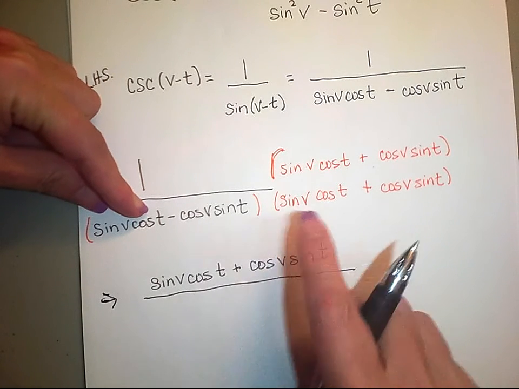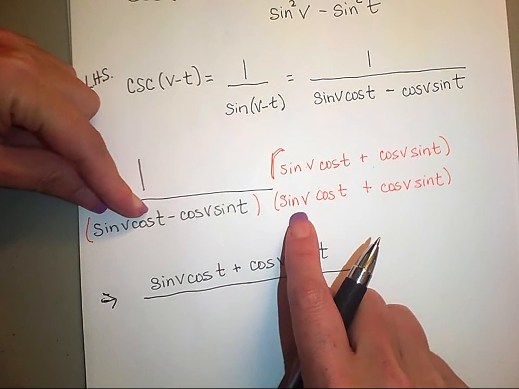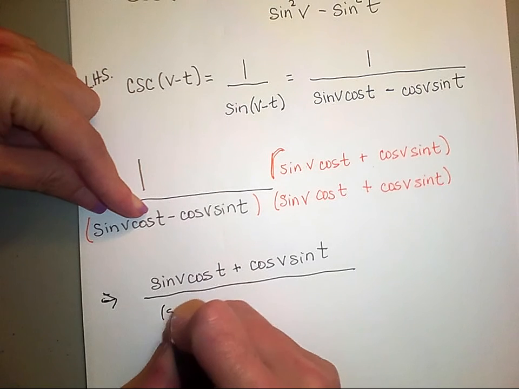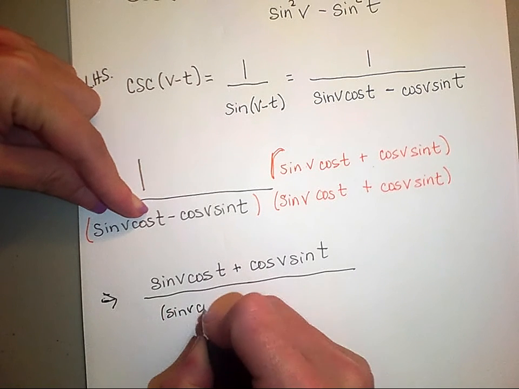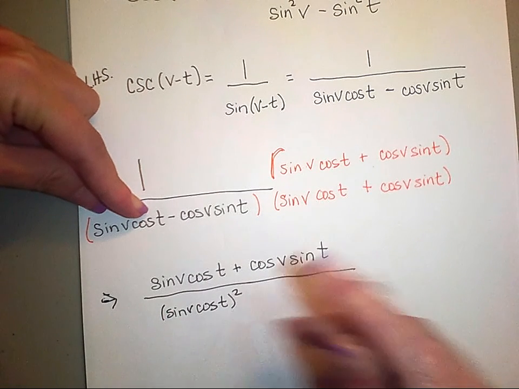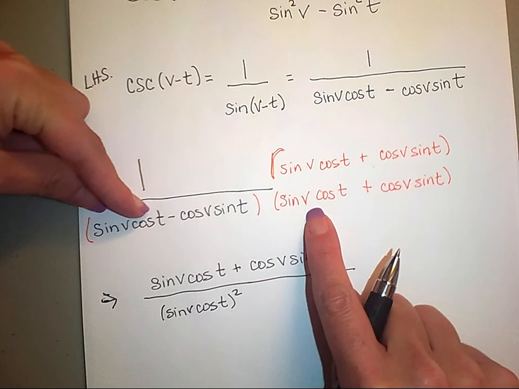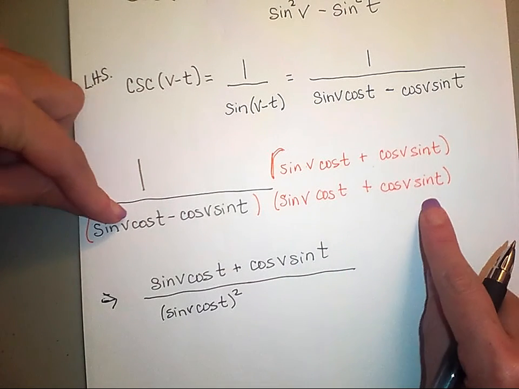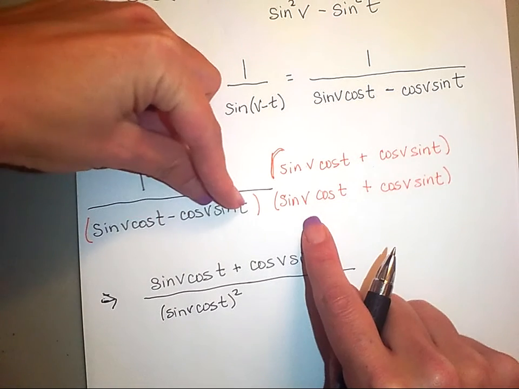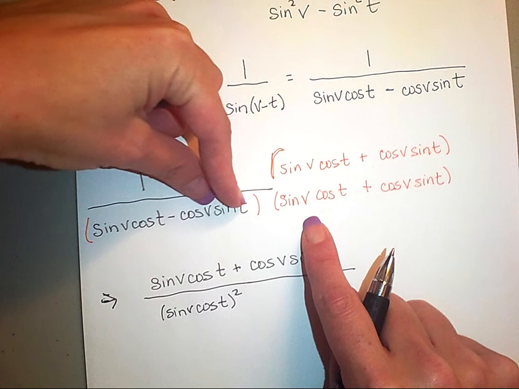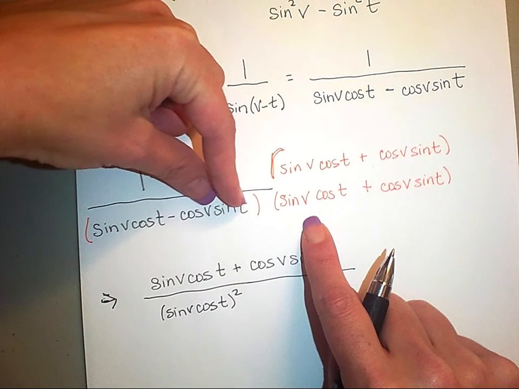Alright, so this first one is going to be squared. So we'll get sine of v cosine of t squared. Okay. Now this is going to be the positive, and this is going to be the negative, which is why we multiply by the conjugate.